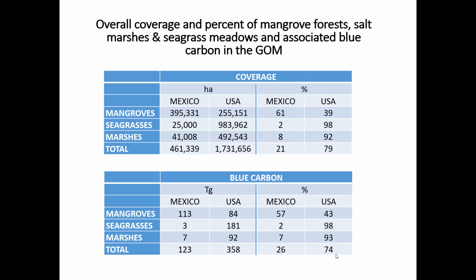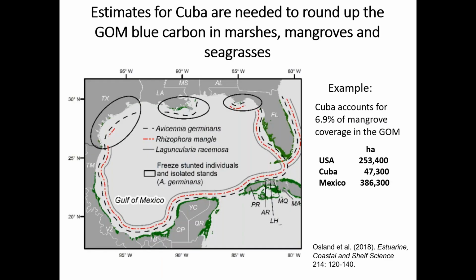Yes, so with that I will leave. These estimates for the Gulf of Mexico cannot be finished until we know the amount of Cuba. This paper by Osland and collaborators shows that Cuba has about 4,700 hectares, whereas USA and Mexico have 53,000 and 386,000.